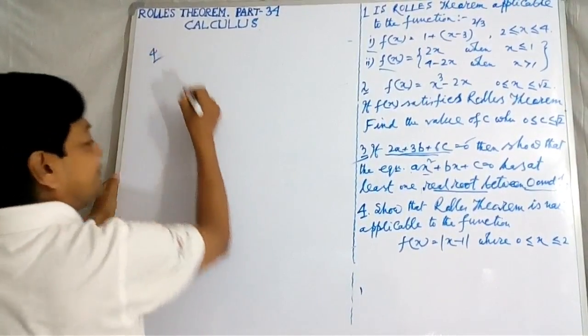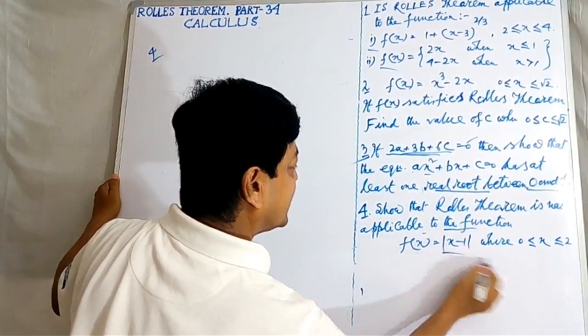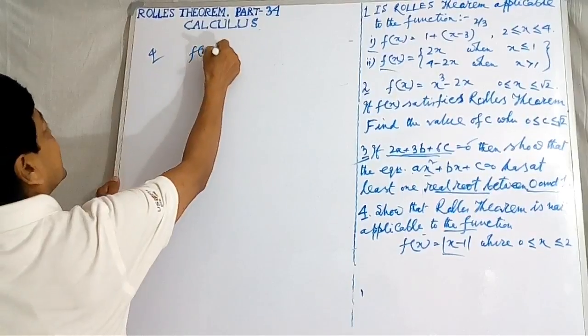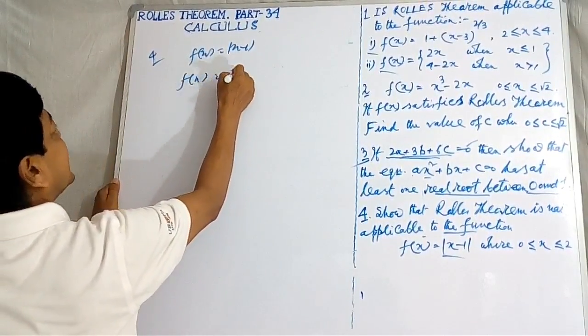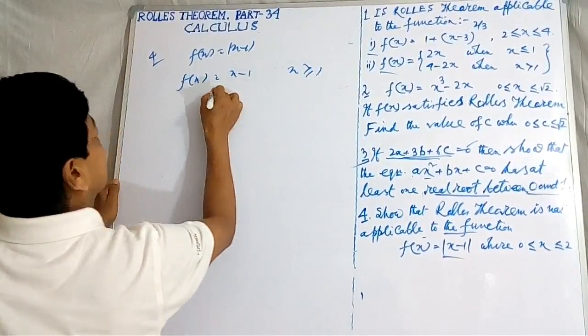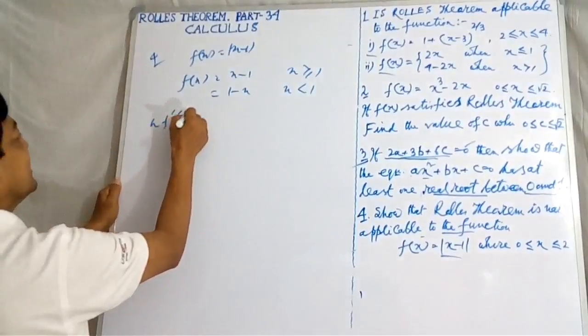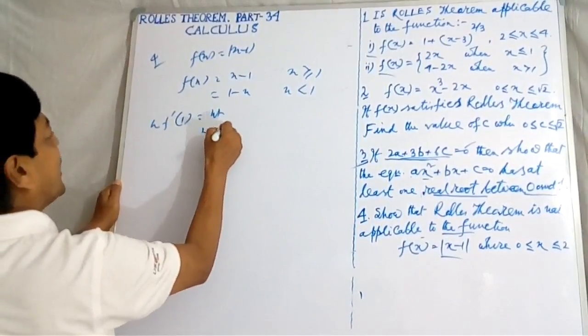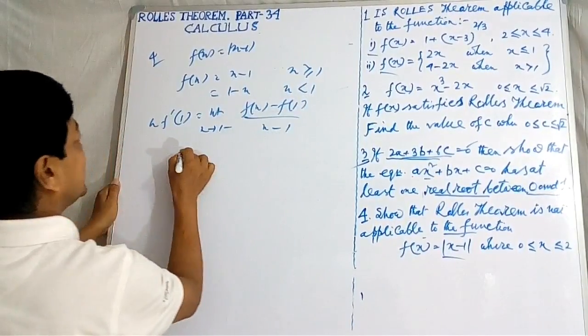Next, number 4. Show that Rolle's theorem is not applicable to the function f(x) equals mod of (x minus 1). That is, f(x) equals x minus 1 when x is greater than or equal to 1, and equals 1 minus x when x is less than 1. Lf'(1) is the limit as x tends to 1 minus of (f(x) minus f(1)) by (x minus 1).